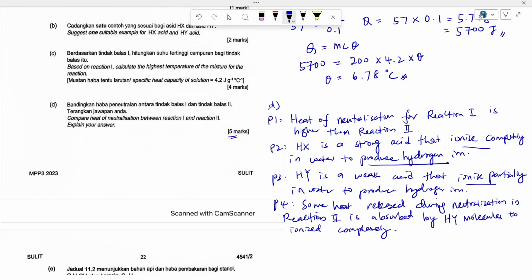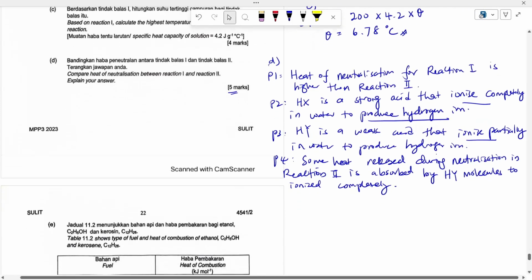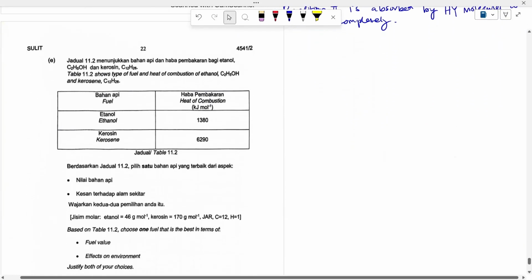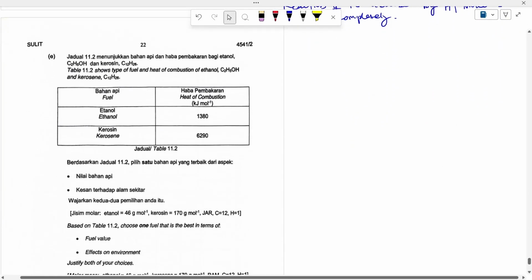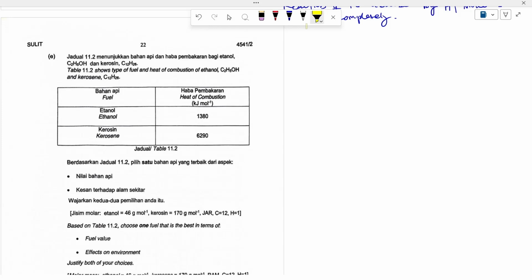So last question, E. The table shows the heat of combustion for ethanol and kerosene. Now have a look here, the heat of combustion of kerosene is much higher compared to ethanol.